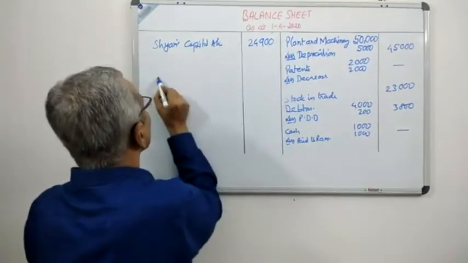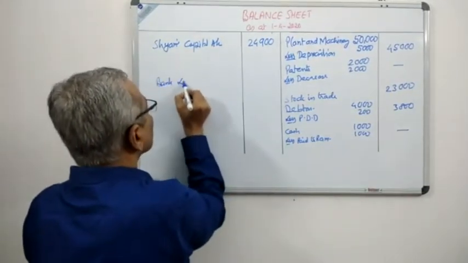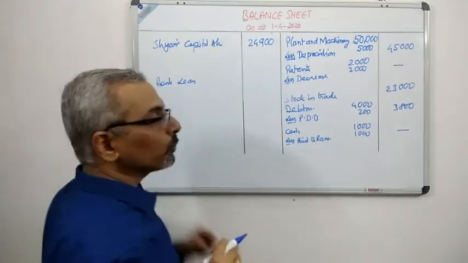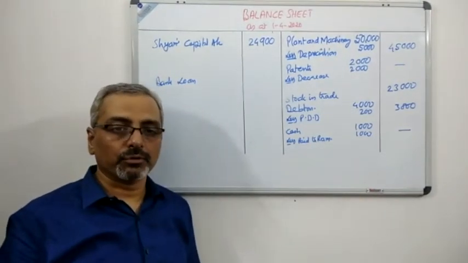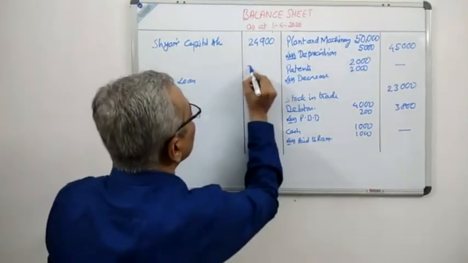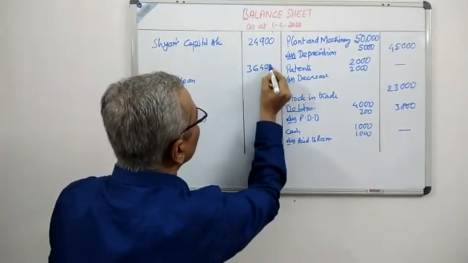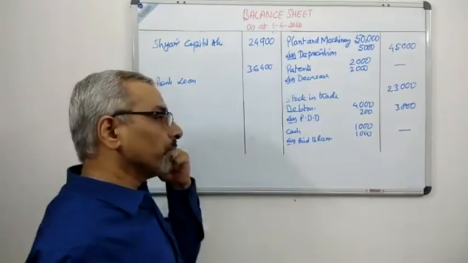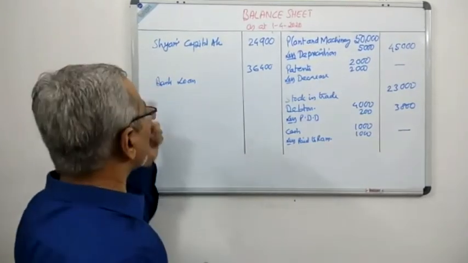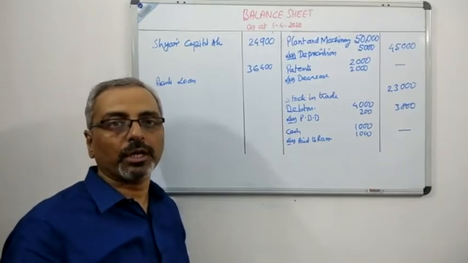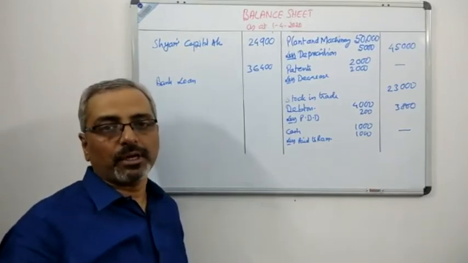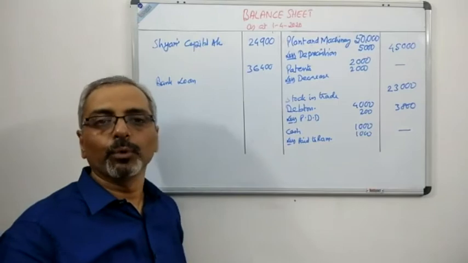If you remember, there was a bank loan taken to pay off Ram, and the loan which was taken was 36,400. And it was taken on the security of plant and machinery. So in bracket you can write security of plant and machinery, or mortgage with plant and machinery. That's absolutely up to you. Just writing a bank loan will be more than enough.